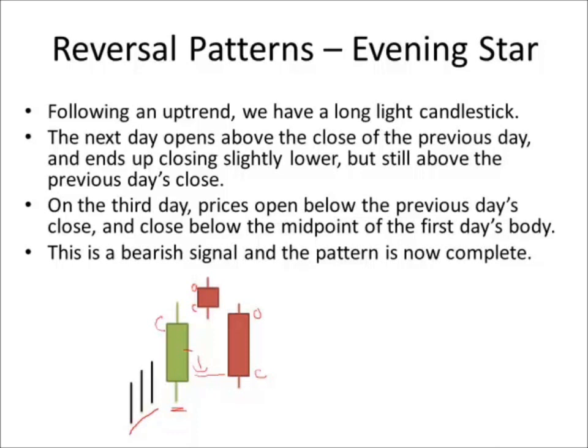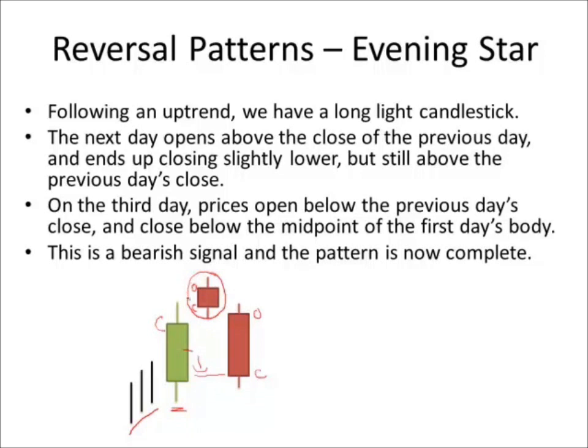Okay, now what's important to know about this is that we have this small candlestick here. So it's essentially the same thing as the previous pattern. It's the same thing as the dark cloud cover, the first pattern we discussed. The only difference is this middle candlestick here. This is called a star candlestick in Japanese candlesticks.